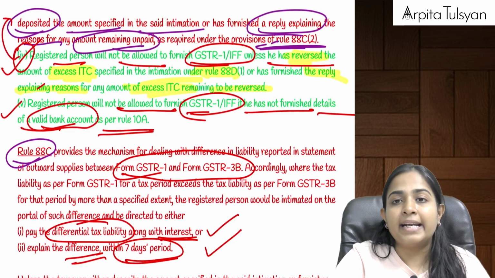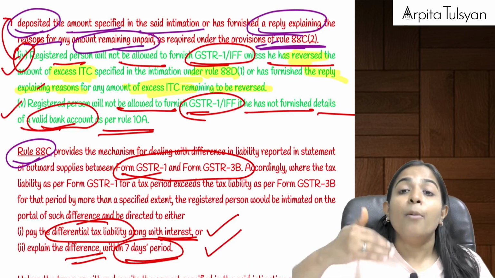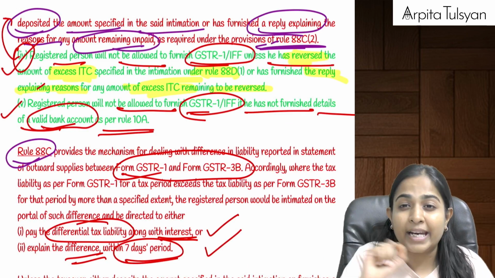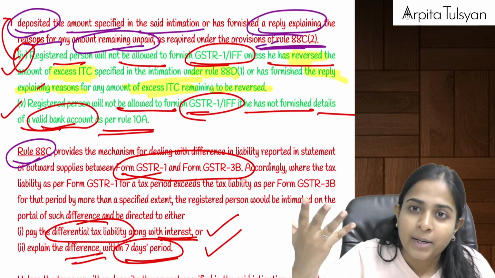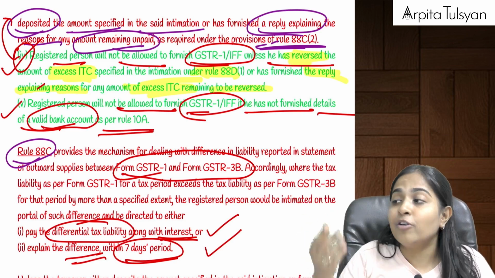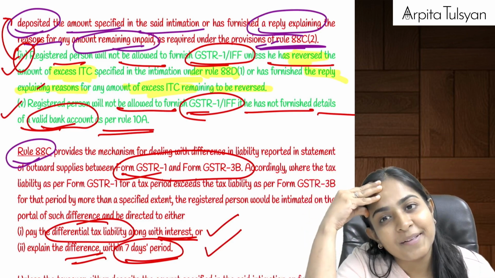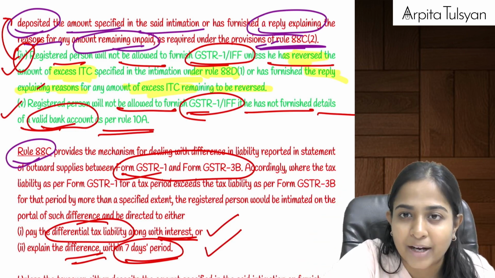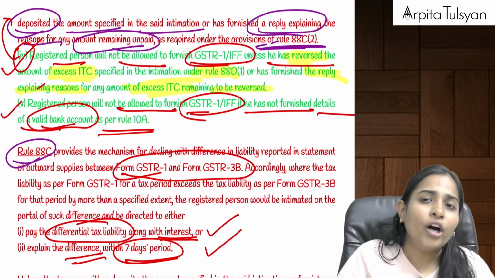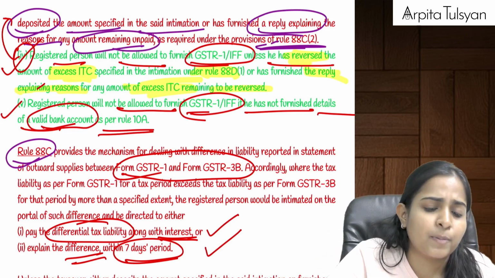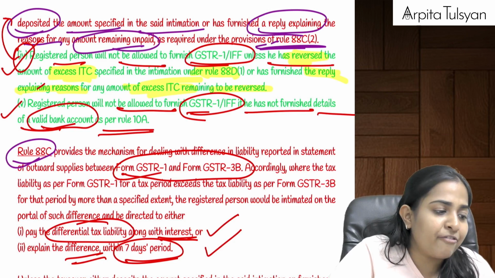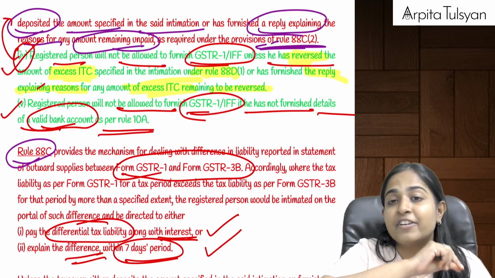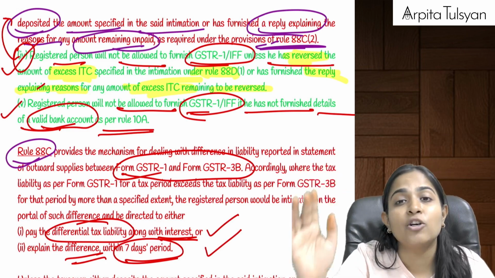If I have taken more input tax credit while filing my GSTR 3B, while calculating my tax, than the amount which was reflected in my GSTR 2B, then either you reverse it and pay it back to the government along with interest, etc., or you furnish a proper explanation within a time period of 7 days. If not done, then you will not be allowed to furnish further GSTR 1 or IFF. That facility will be totally blocked for you on the GST common portal.